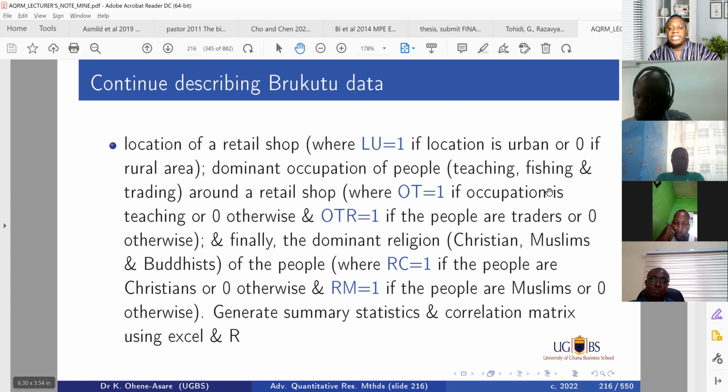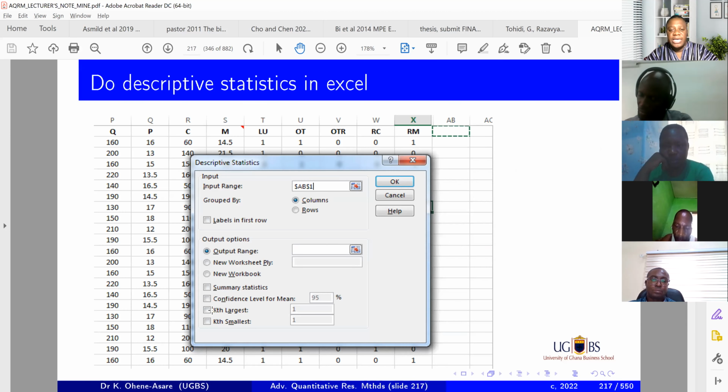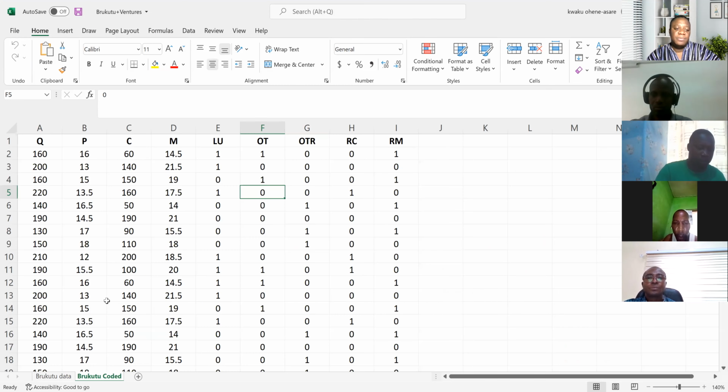All right. Ladies and gentlemen, the first thing we want to do is to generate summary statistics and a correlation matrix from this data. So let's go to your data set and generate the summary statistics. We are going to do it in Excel first. So go to the Excel version of the data. When you go to your data set, you will notice that the data sets have been grouped into two.